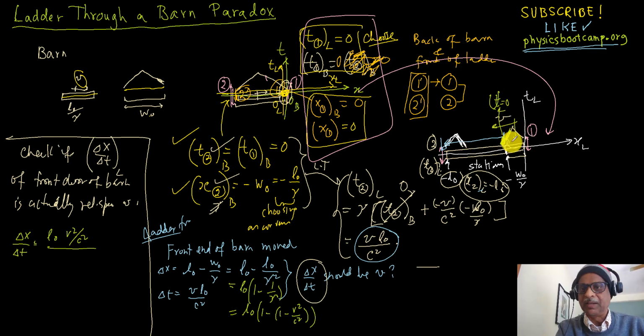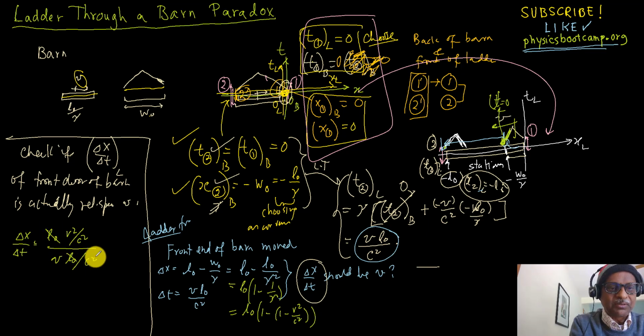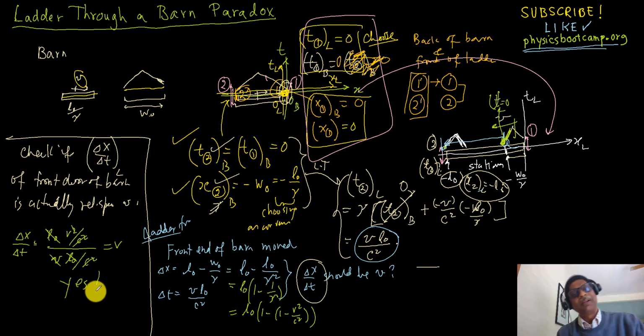T in the ladder was 0, and T in the ladder over here is this quantity. So delta T is V L0 over C squared, and you can see L0 cancels out, C squared cancels out, one of the V cancels out. So yes, V. That's how it is consistent. The story is different. That's what it is.